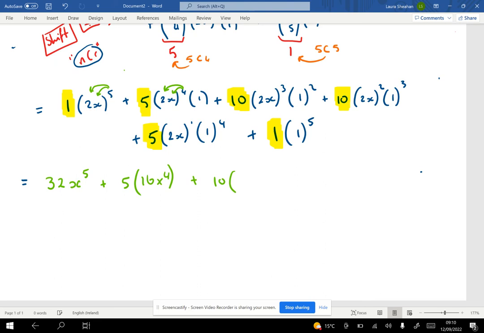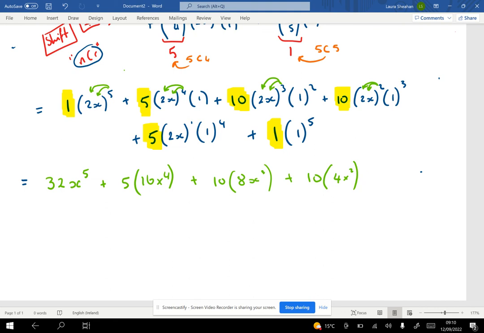Plus 10, and I'm going to do my indices before I do any multiplication of the 10. 2 cubed is 8, x cubed, and again that will be multiplied by 1 squared, which is 1. Anything multiplied by 1 is itself. Then you've got 10 times 4x squared, and 1 cubed is just 1.